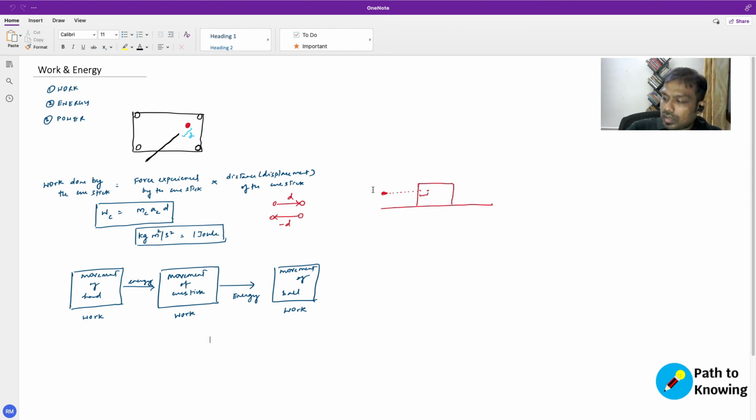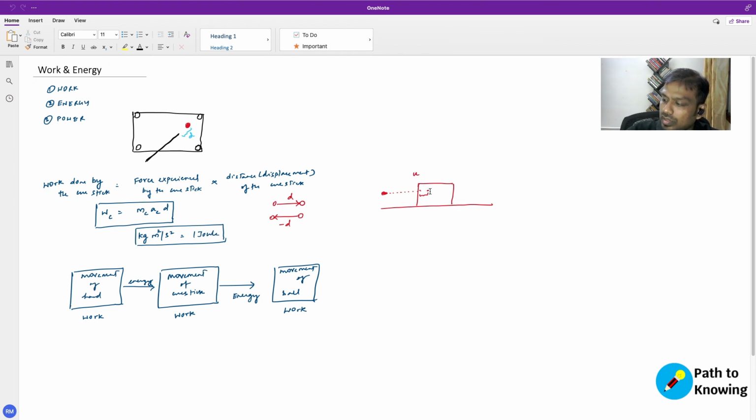Now, if you consider this behavior, the work done by the bullet, starting from this point to this point. If you really see the work done by this particular bullet, just when the bullet was about to strike the wooden block, let's consider that velocity to be u, and just after it comes to a complete stop, the velocity is going to be, say, 0, right?